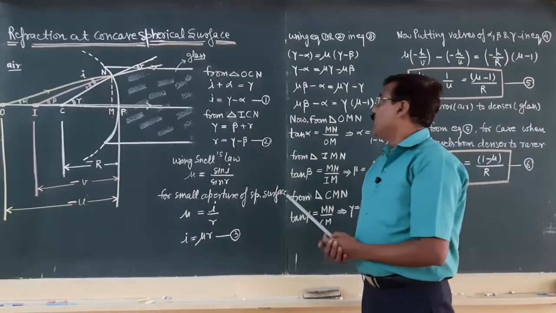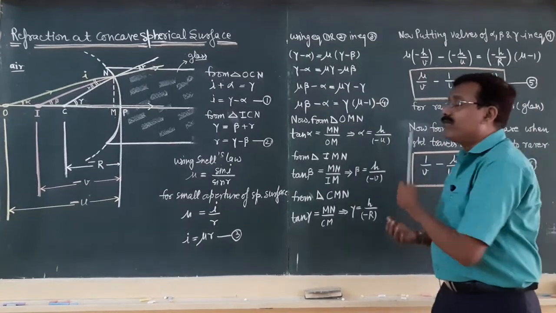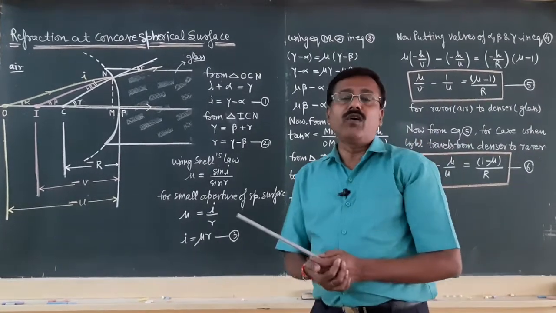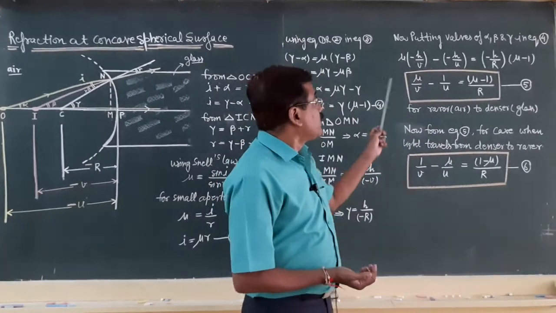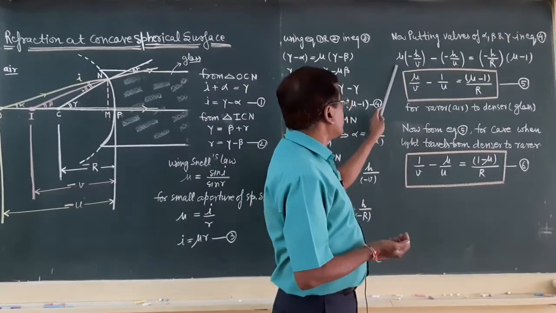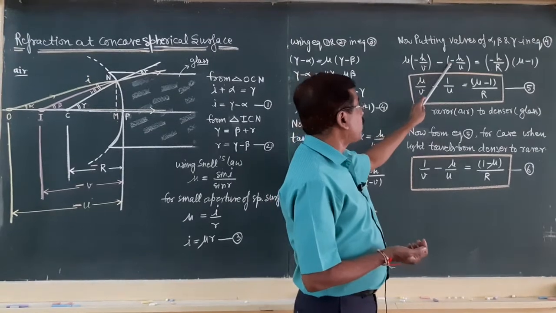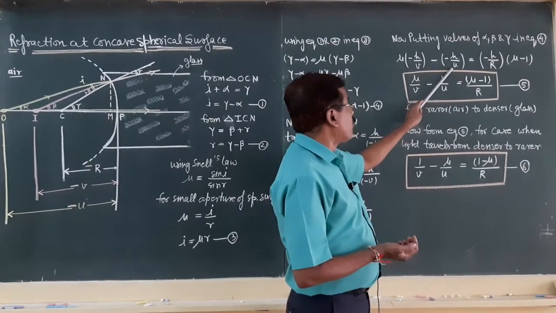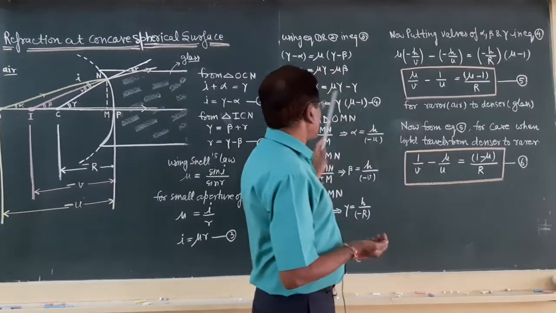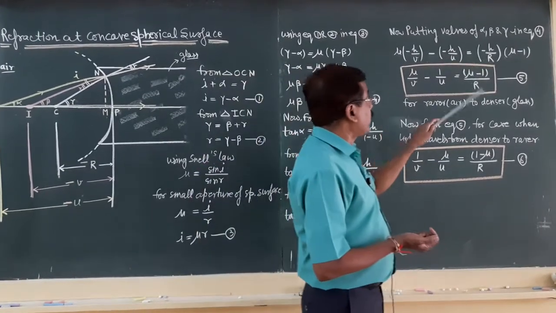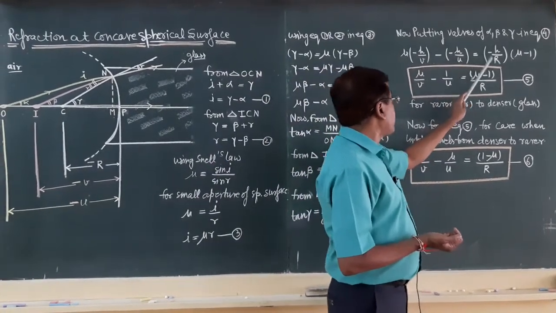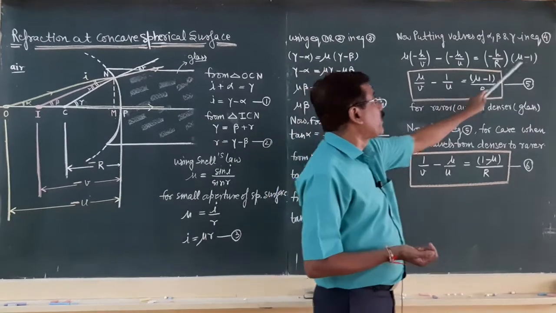These three values we will put in equation number 4. So, when you put the value of alpha, beta, gamma in equation number 4, we have mu into (minus h by v) for beta, minus (minus h by u) for alpha, and similarly in the right side minus h by r for gamma, into (mu minus 1).